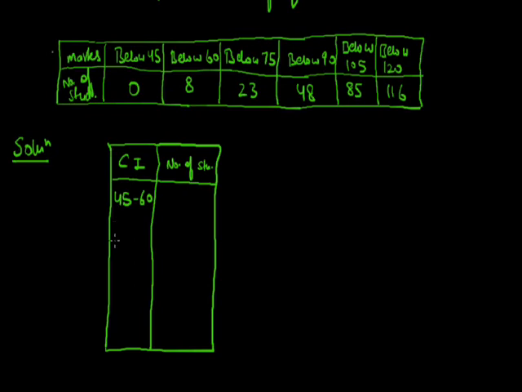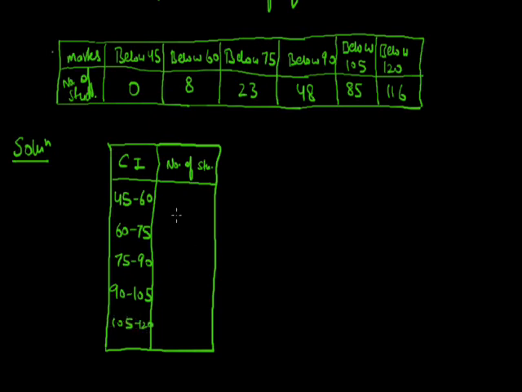But in this case, as there are no students below 45, we will not take the class from 0 to 45. We will start from 45 to 60, then 60 to 75, then 75 to 90, then 90 to 105, and then 105 to 120.